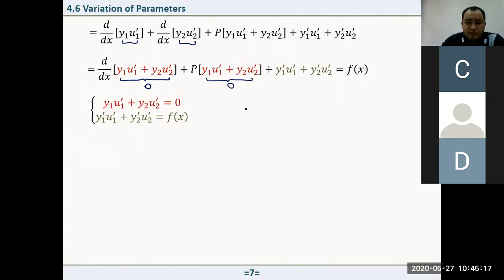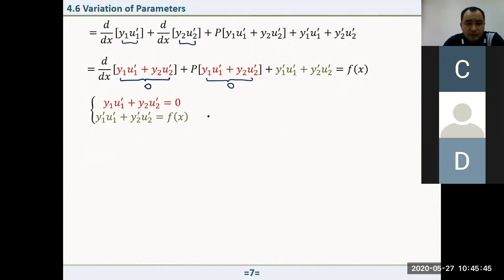So if I make this assumption, then here is equal to 0, and this thing should be equal to f of x. Now we have two equations, two variables. It just opens the way for us to solve this equation. We are assuming something, and now we are checking whether this assumption is correct or not. If it is correct, then that's what we are looking for.